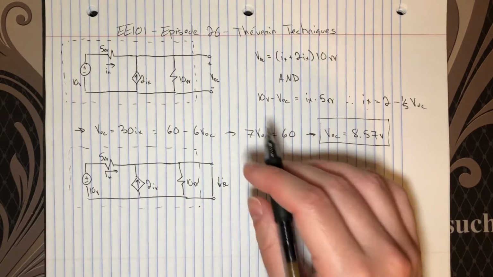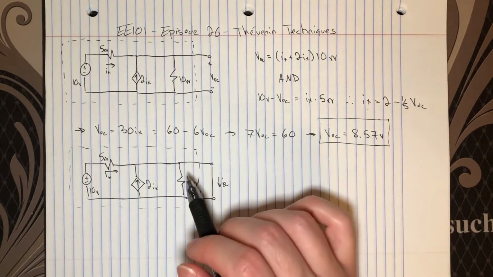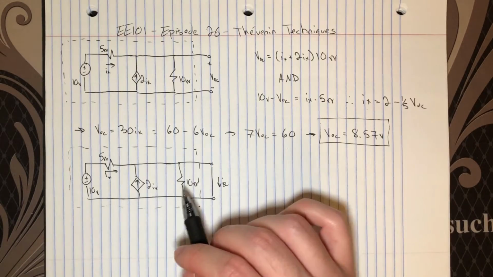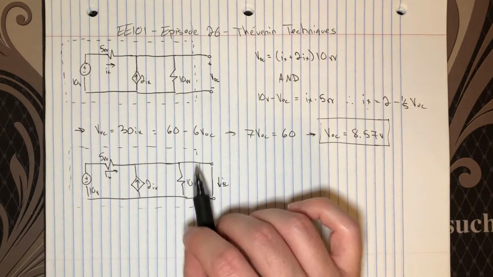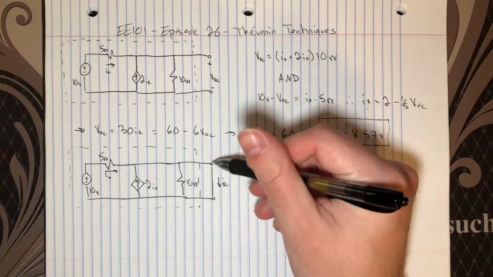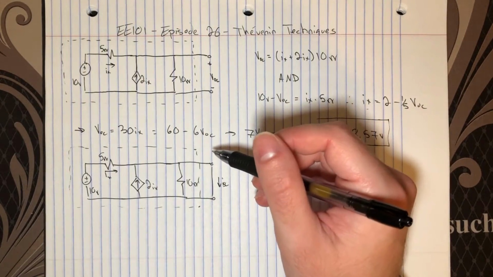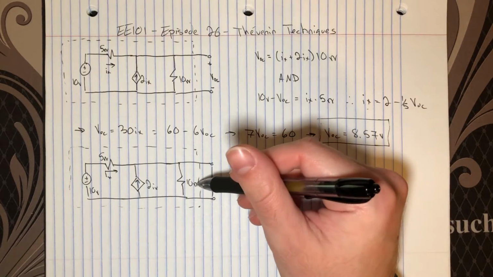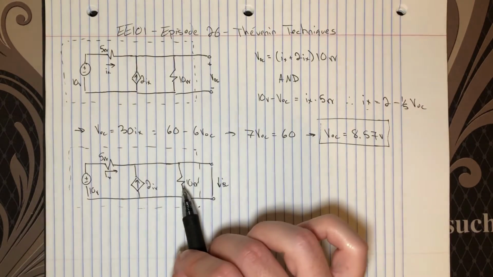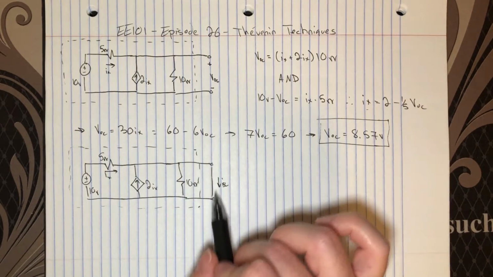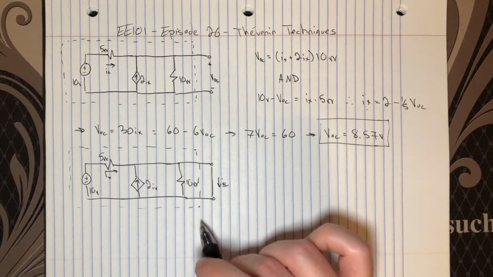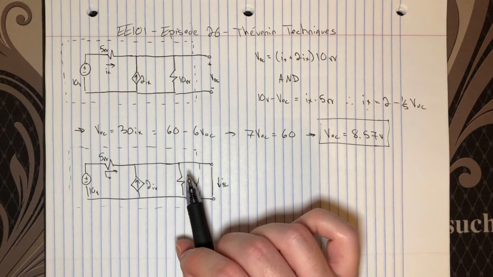So the nifty thing in this case is that clearly this 10 ohm resistance is no longer in the circuit, because we've put it in parallel with an ideal conductor, a perfect short, a 0 ohm resistor. So anything in parallel with 0 is just the 0. So this 10 ohms is no longer here.